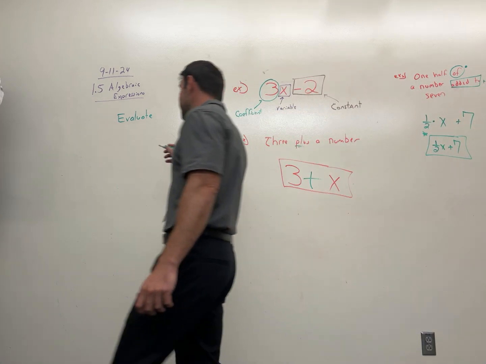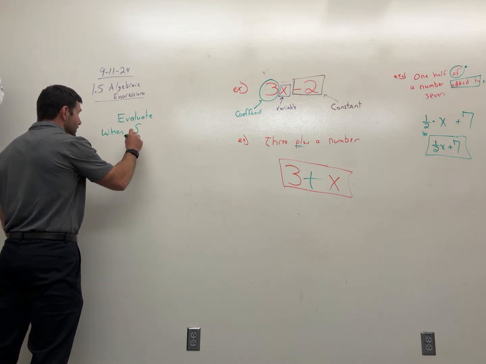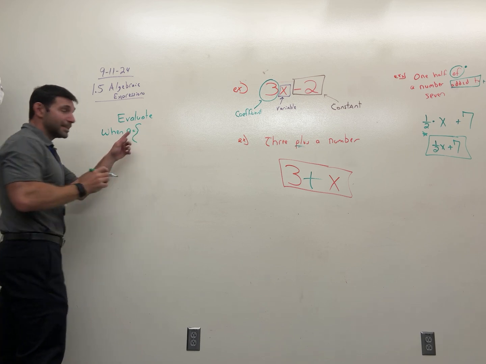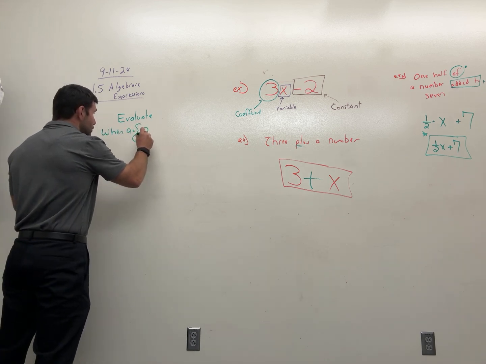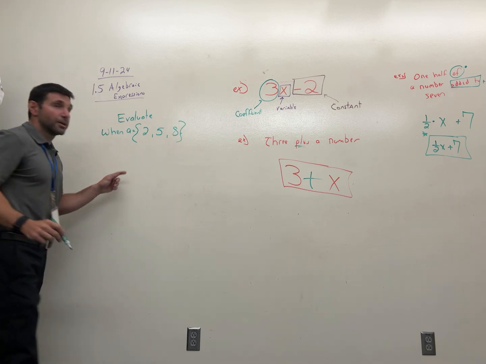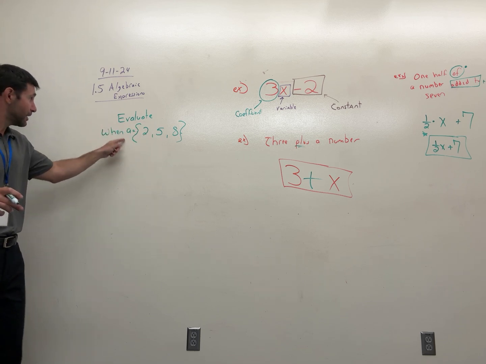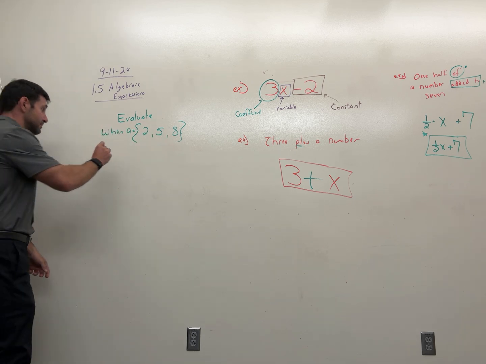So sometimes we have what's called a domain. A equals the set of 2, 5, and 8. So A equals 2, A equals 5, A also equals 8.